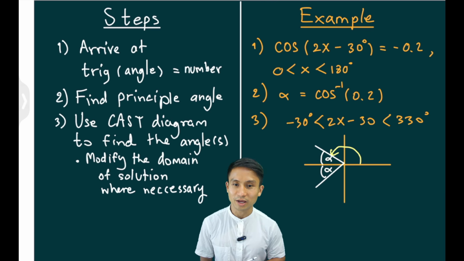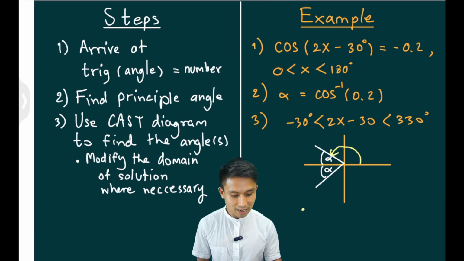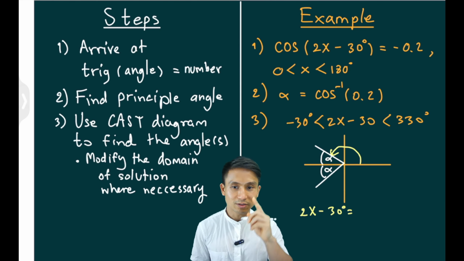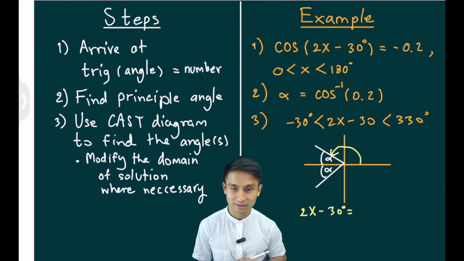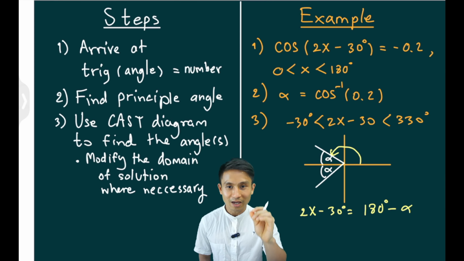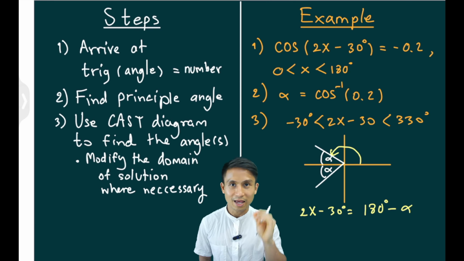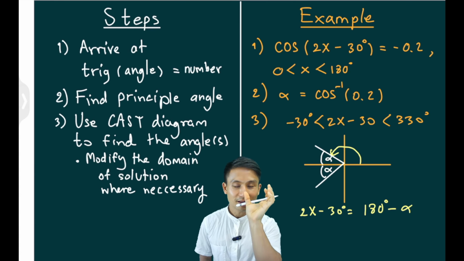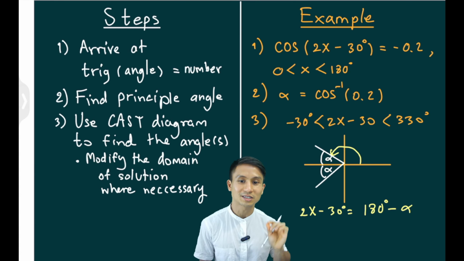What is that angle there? Again, I told you that the answer will be for 2x minus 30 first. The first angle there is 180 minus alpha. Again, the angles we are solving from this CAST diagram are the angles for the whole expression, not just x.